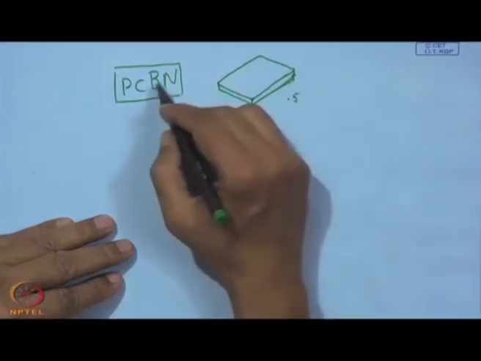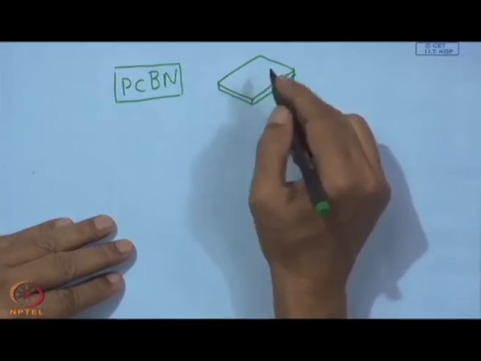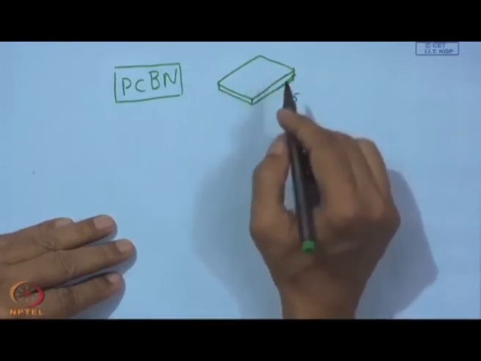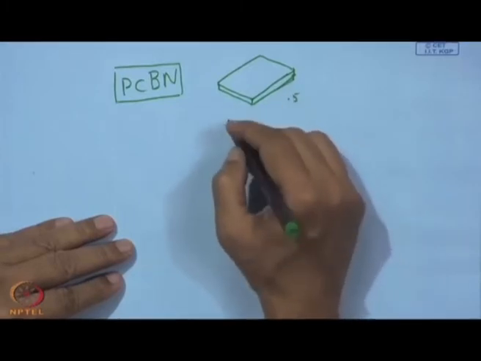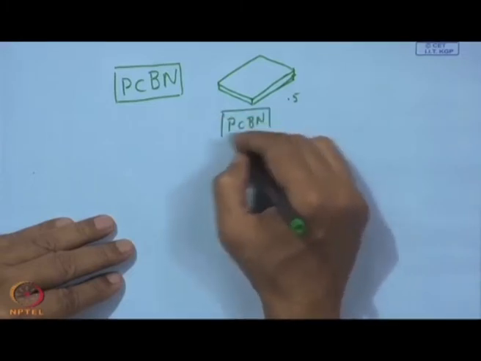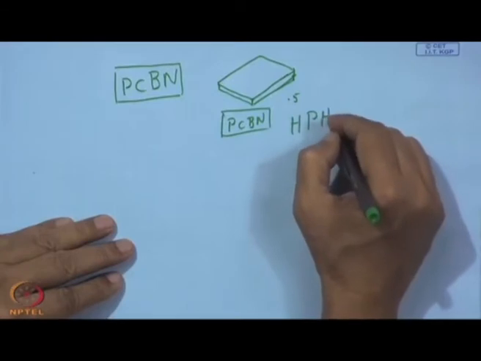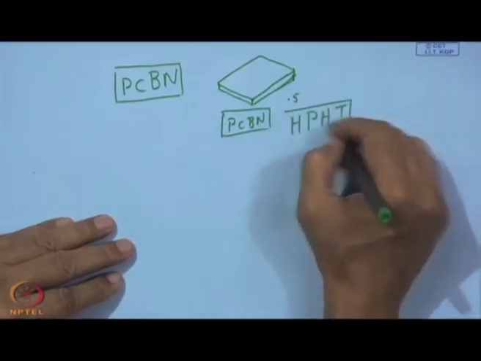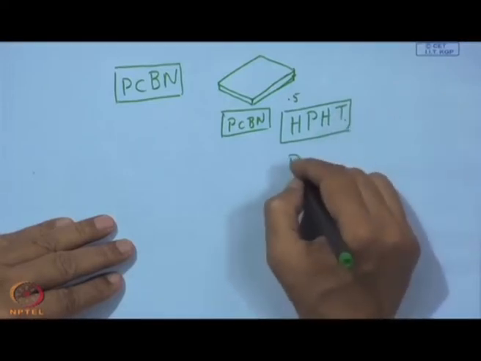By using particles of CBN and by compaction with high pressure, high temperature, we can get these laminates of PCBN, that is polycrystalline, it is not a single crystal. So, this we call high pressure, high temperature technology, but it has some limitations, just like PCD, polycrystalline diamond.